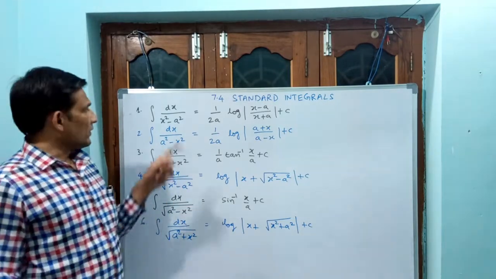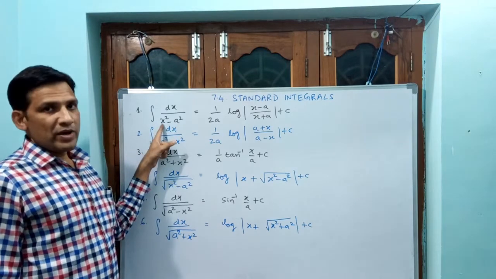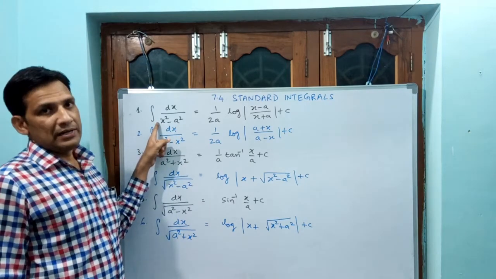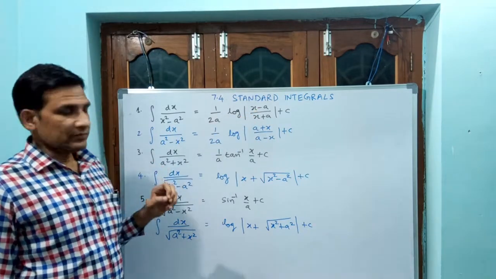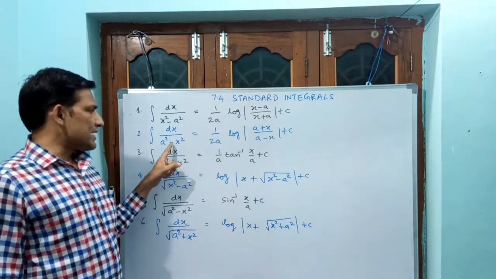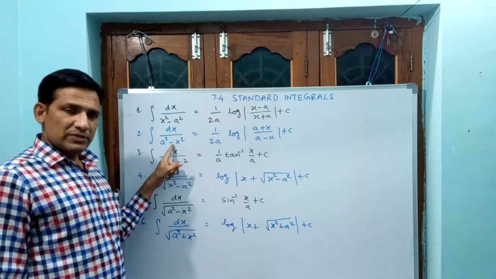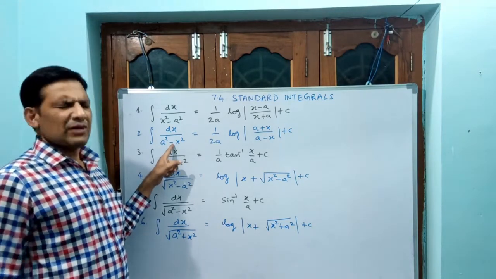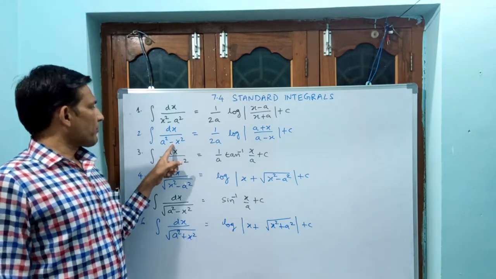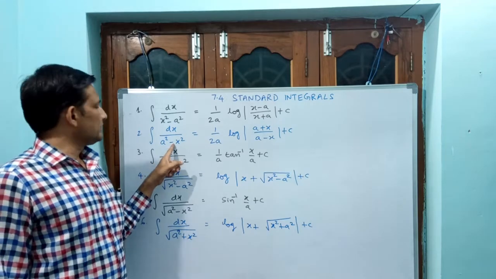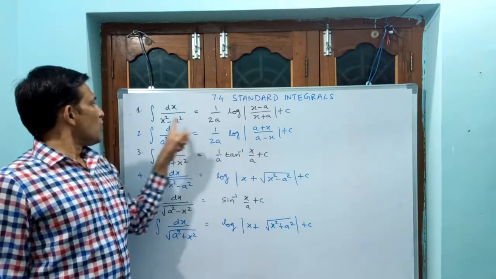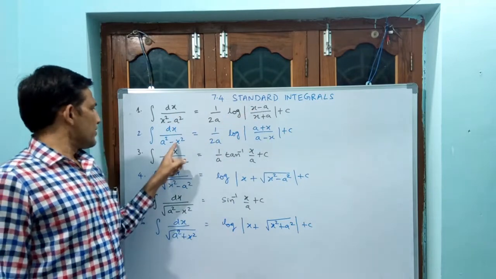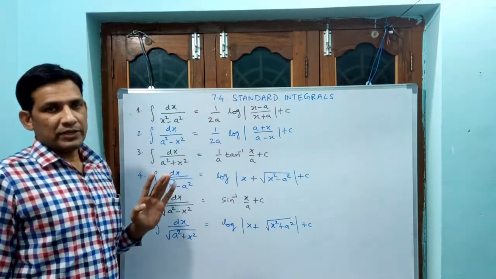Another thing: if x square has a positive sign, then x minus a will go to the numerator. If x square has a negative sign, then a minus x will go in the denominator. Positive numerator, negative denominator.